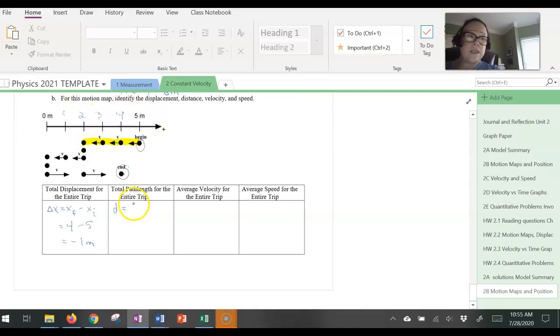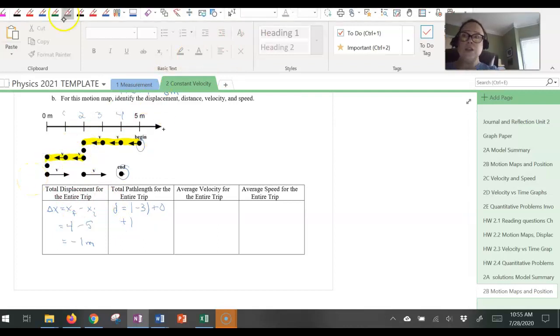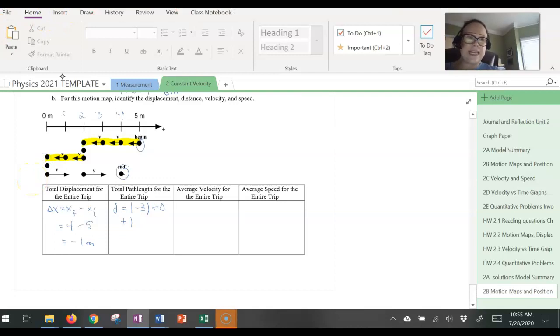So it moved 3 meters in the negative direction. So the displacement was -3, but I'm going to take the absolute value of it. Then it paused, so I can just say 0. And in the next phase of the trip, it was displaced from 2 meters to 0 meters. So it moved 2 meters in the negative direction. So again, here my displacement was -2, but I'm taking the absolute value of it.